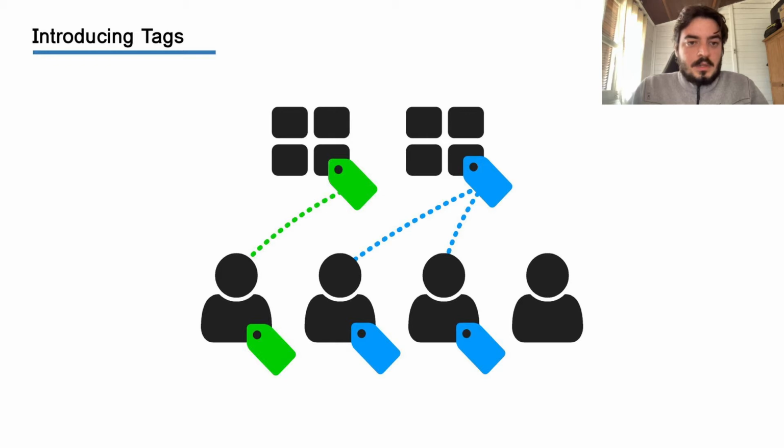This is the tags concept. That's why I say that in the end you will be building references, relationships, so the system can identify which user will have access to what dashboard.